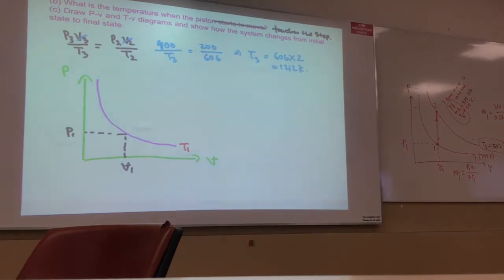So 1 to 2 is a constant pressure process. This is 1. This is 2. Then draw one more, next 3. Then one more, going up. This is T3. V is going up. Oh, very good. You understand? Of course. It's like this. Best student.